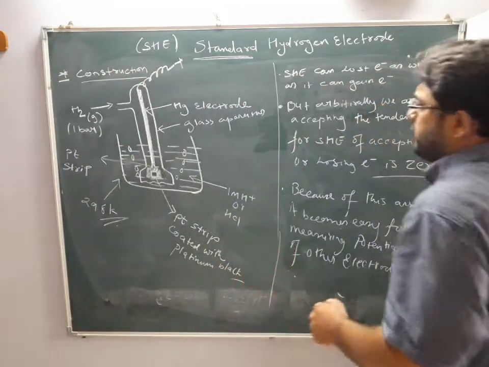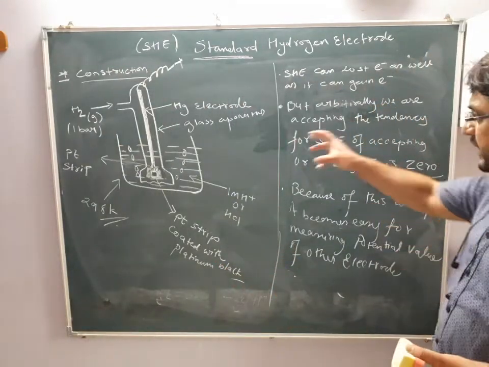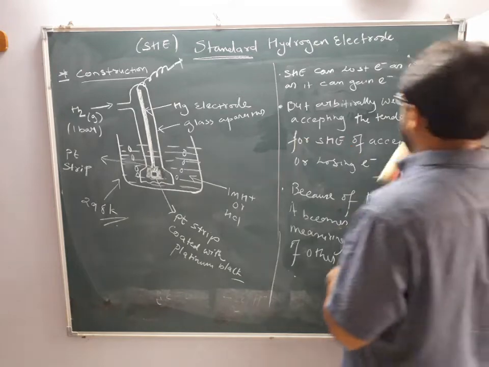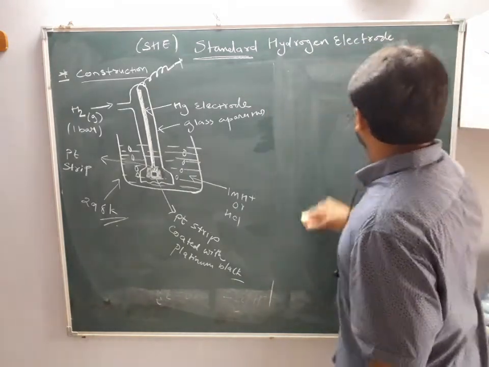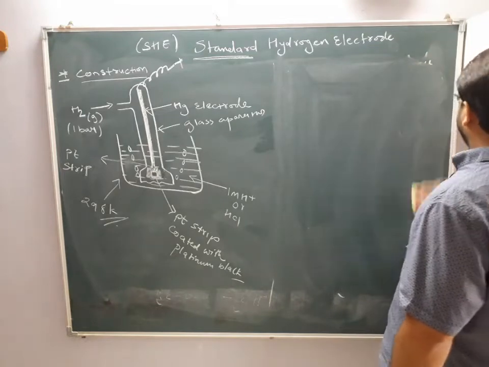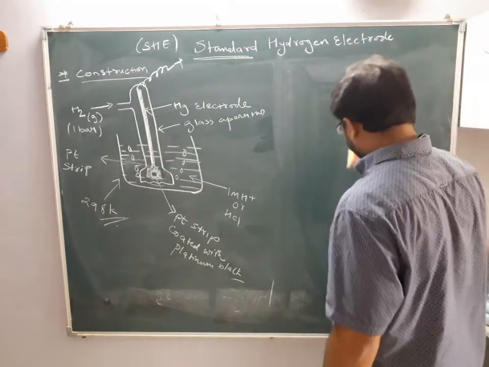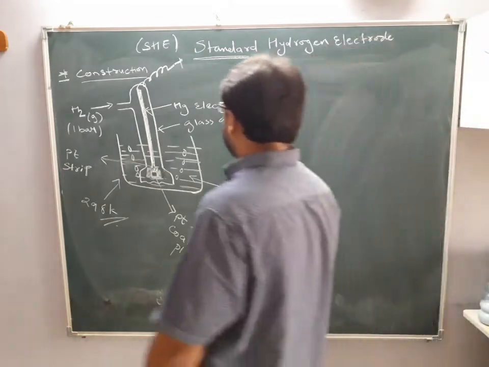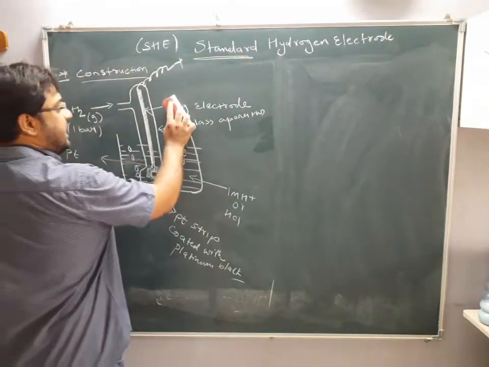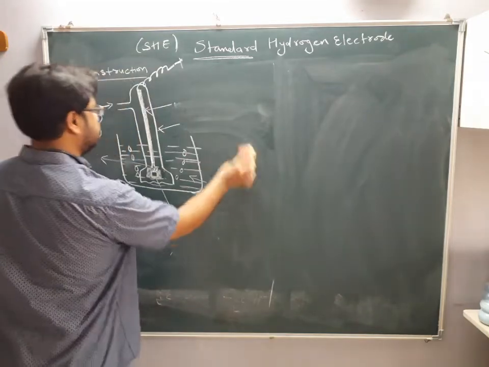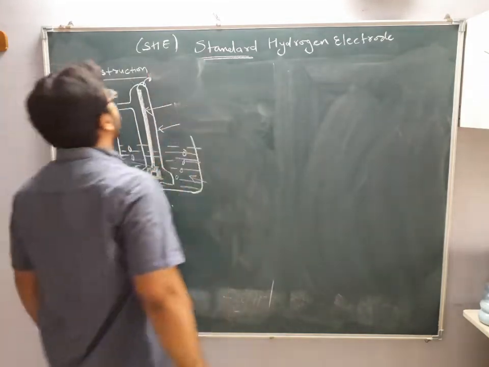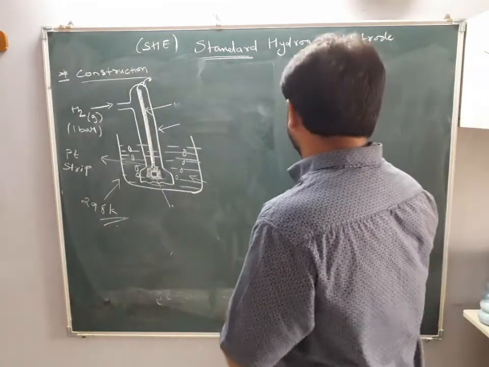I know you are not understanding in detail. I will take one certain example so you will understand here. See here. Now this is SHE. Okay, I am rubbing this. I hope you have written everything. See, what will I do? I will take zinc.